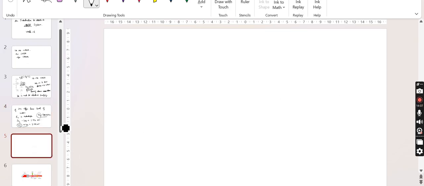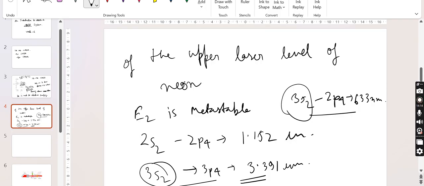Since they're using the same upper level, and at 3.39 micrometer the lasing action corresponds to a much lower frequency than 633 nanometer, the Doppler broadening is much smaller for this transition, and the gain depends basically on this factor nu square.